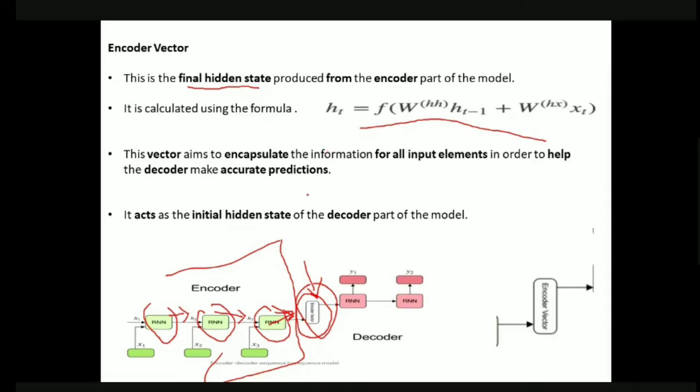So what does this encoder vector do? This vector aims to encapsulate the information for all input elements. So we have input elements x1, x2, x3. As the name specifies, this vector converts all the input elements, encapsulates them, and helps the decoder to make accurate predictions.